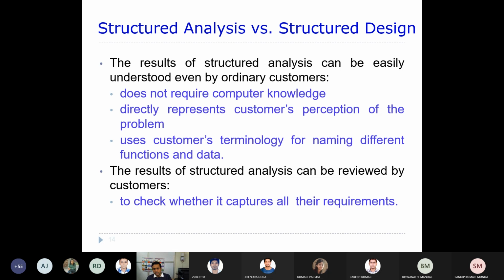Here we try to find out a certain number of functions and the data. You will be giving names to these data and functions in such a way that the customer can understand. It is not meant for the developer. As part of structured design, we try to address aspects which a designer or the developer can understand, but here it is for the customer.